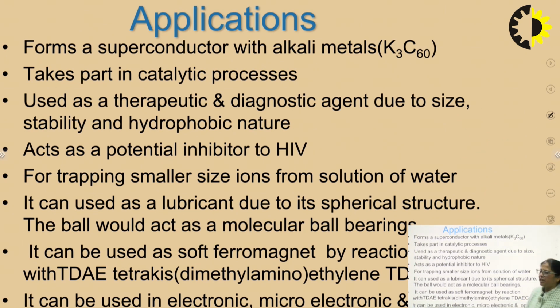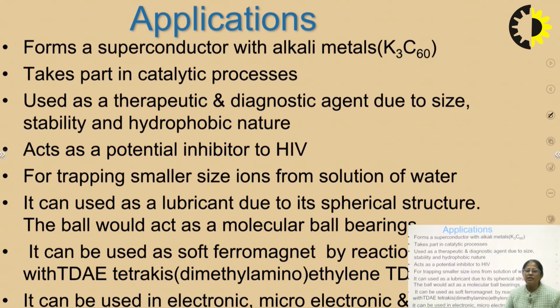Coming to the applications of fullerenes. Now, on mixing fullerene with alkali metals, they form superconductors. One example is K3C60. Then these fullerenes take part in catalytic processes. They are also used as diagnostic agents due to their size, stability and hydrophobic nature.